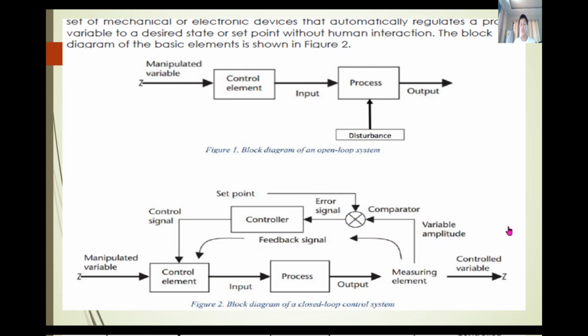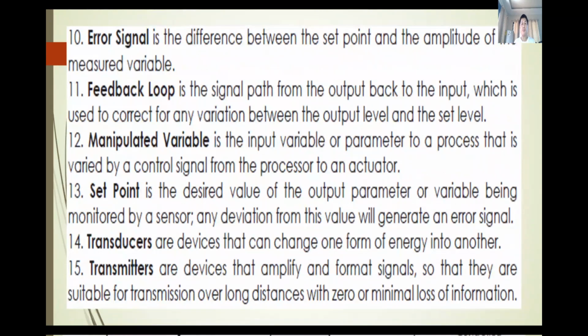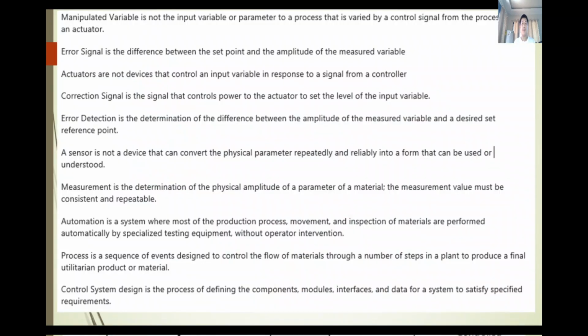Next, so actuators are not devices to control an input variable in response to a signal from a controller. So the answer is false because actuators are the devices that control an input variable in response to the signal from the controller.